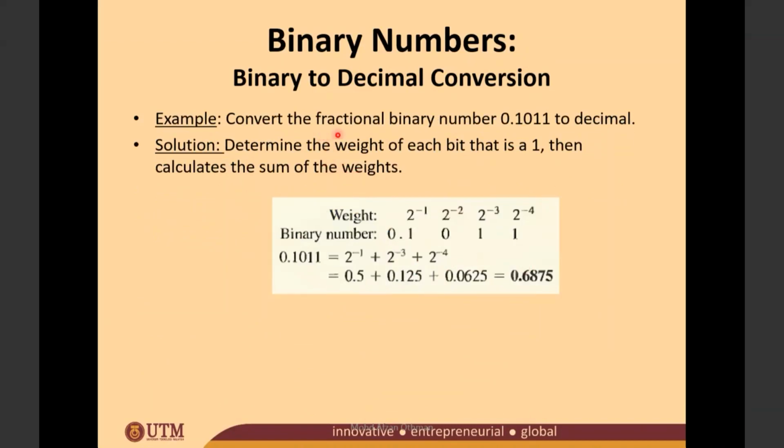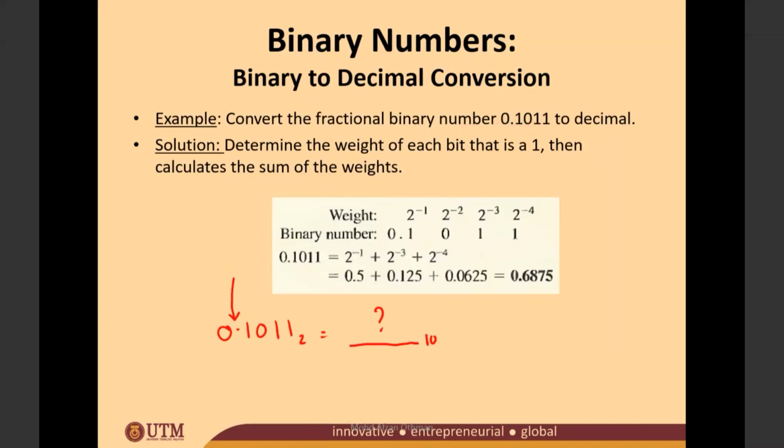Okey, convert the fractional binary number 0.1011 ke decimal. So 0.1011, this base 2, tukarkan dia dalam decimal. Okay, so macam mana nak buat? Mula-mula, locate dia punya binary point.